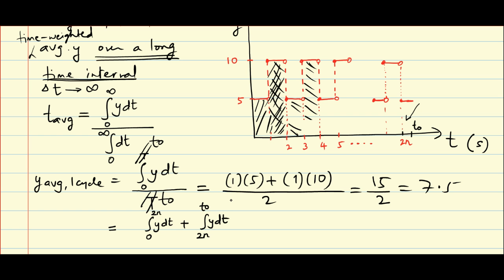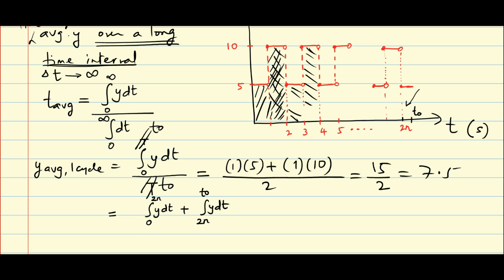I've just split the summation into 2, and this whole thing I now divide by, once again here I'll say 2n seconds plus the remainder, which is t0 minus 2n.